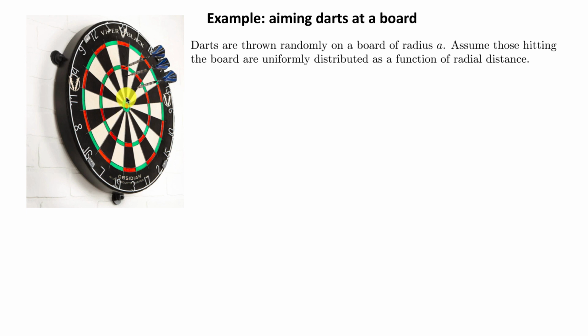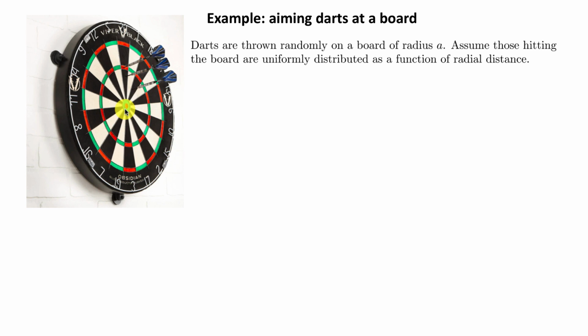So, although you have aimed for the center of the dart board, yet your dart may have landed here or here or here, and furthermore, it could have landed anywhere else. In other words, both in terms of angle and in terms of radial distribution, there is randomness.